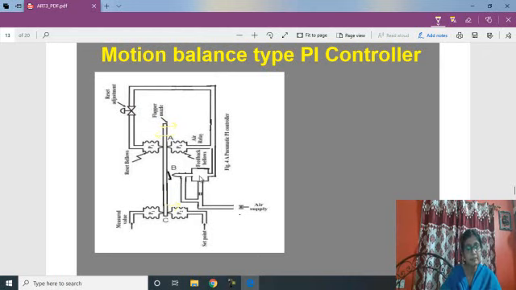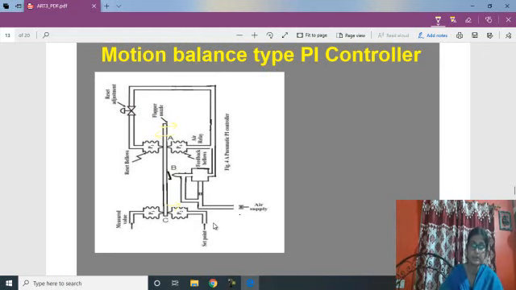This is the integral effect, that is the additional effect of proportional. So this will behave as an integral action, and in this way the adjustment of control signal will gradually be achieved.